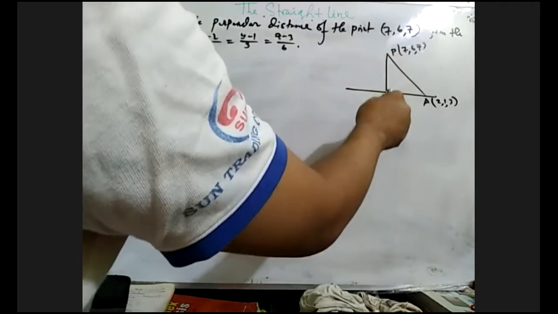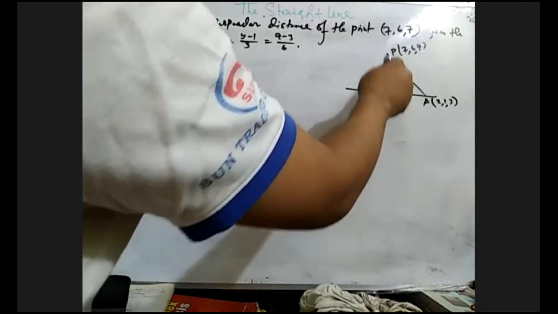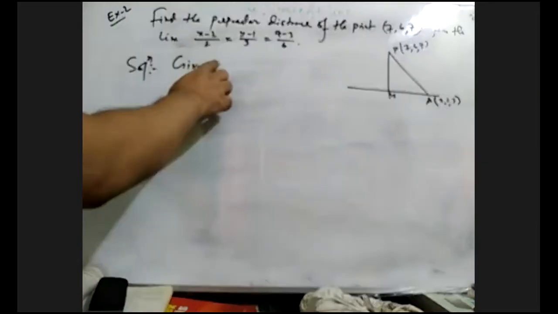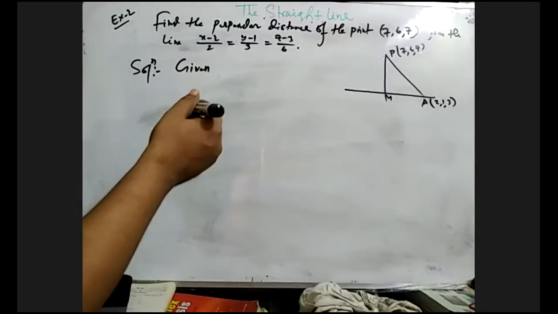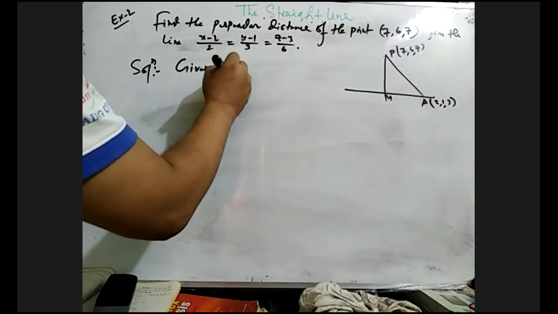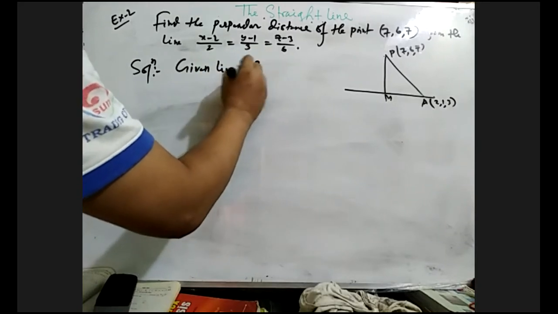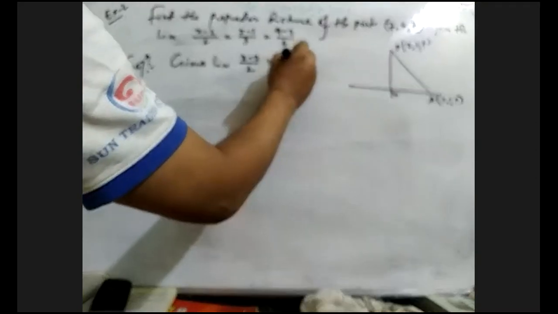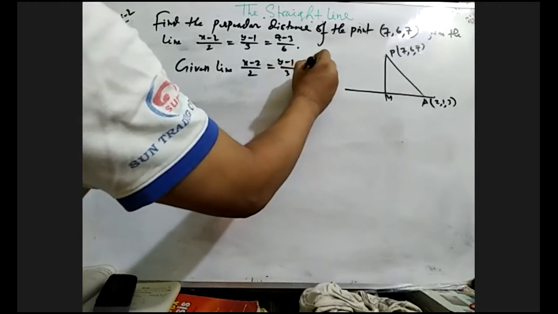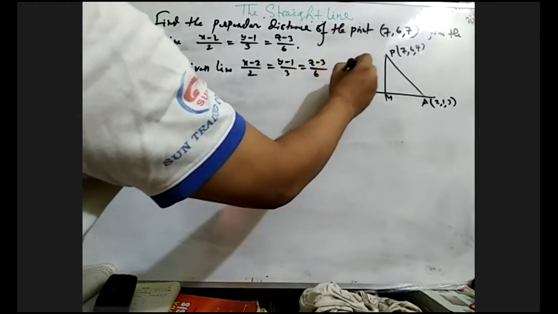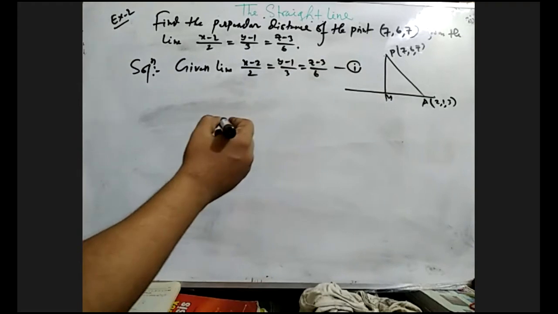This means we have to find PM. So the given line is x minus 2 divided by 2, y minus 1 divided by 3, and z minus 3 divided by 6. This is equation number 1.